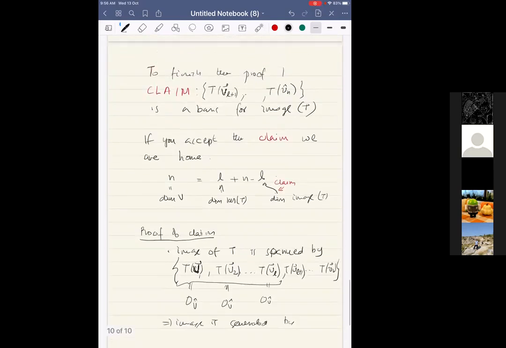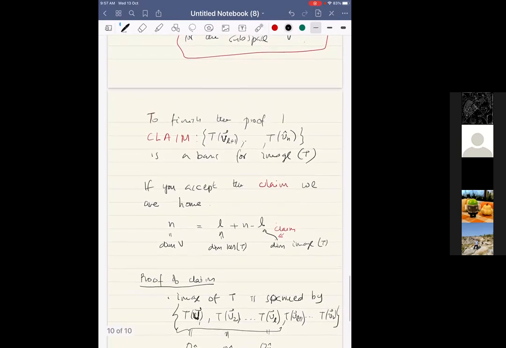The claim has 2 parts: that this set of vectors is a basis for the image. So I have shown that this set of vectors spans the image. But now I have to show they are linearly independent. Before I do that, is this clear?